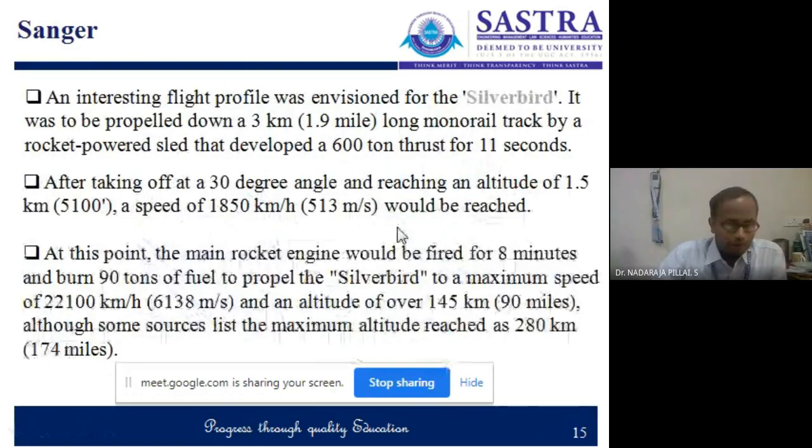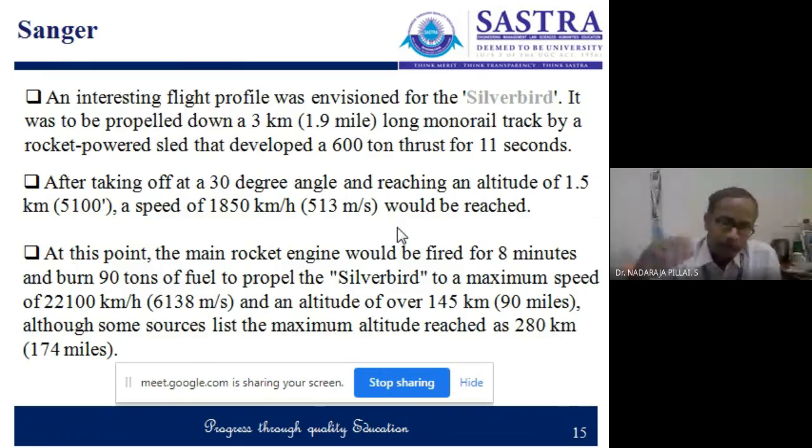Then the interesting profile of Sanger, the silver bird. It was to be propelled down a 3-kilometer-long monorail, rocket powered, with about 600 tons of thrust developed in 11 seconds.